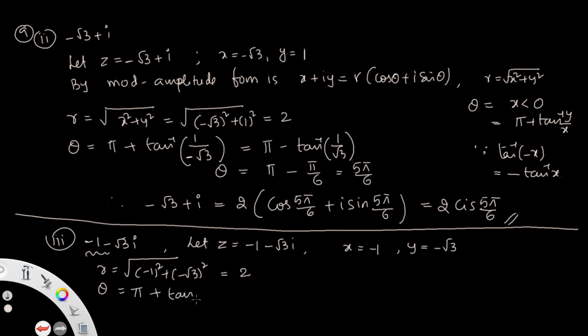y by x. Pi plus tan inverse of minus root 3 by minus 1, that is pi plus tan inverse root 3. Tan inverse root 3 means pi by 3, sorry.